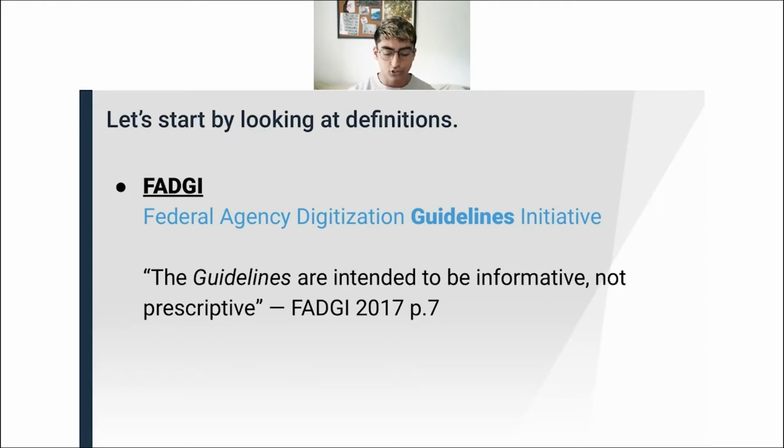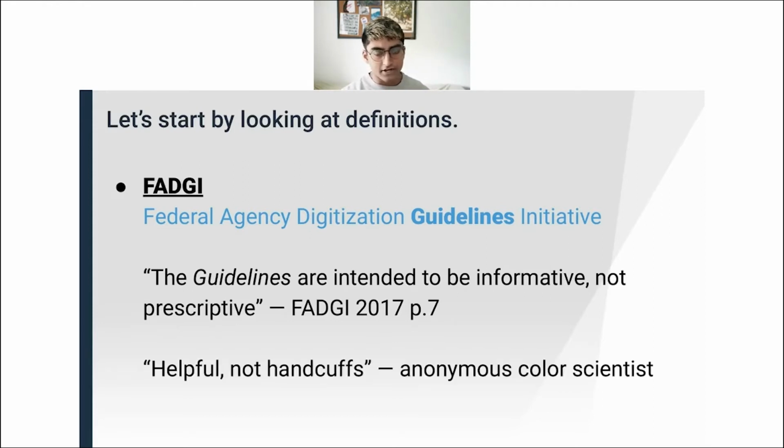An anonymous color scientist who may or may not be in this seminar right now described FADGI as supposed to be helpful, not handcuffs. It's a series of recommendations, not something supposed to hold you back from creating images.